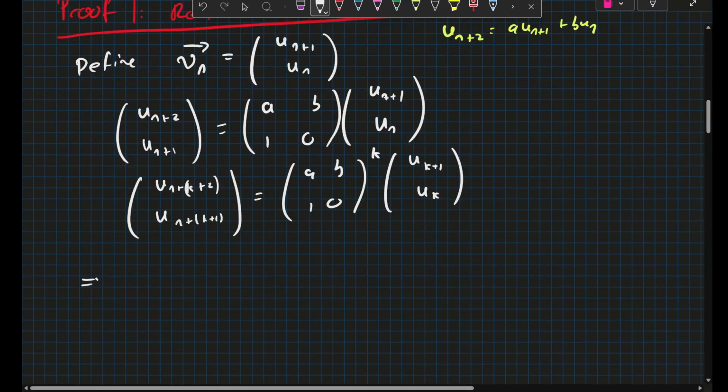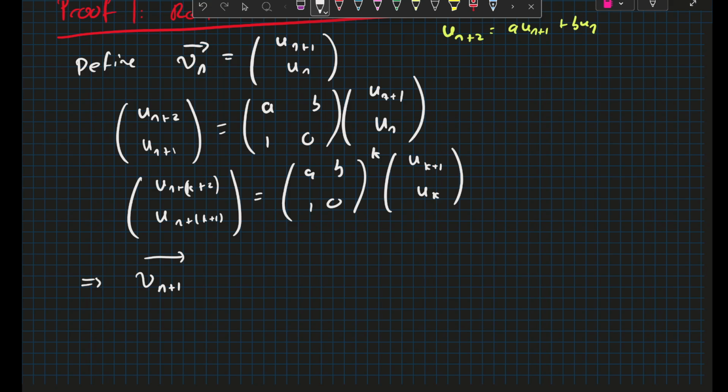So what we can do generally is state that Vn plus 1 for some general n equals A Vn, where A is particularly this matrix (a, b; 1, 0).